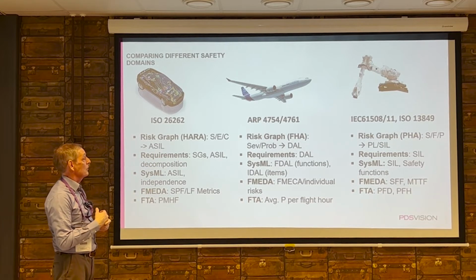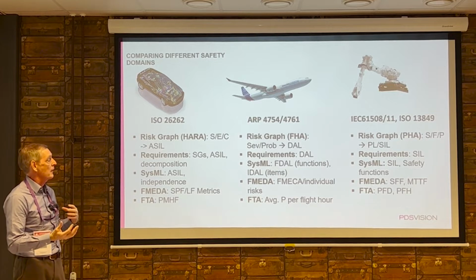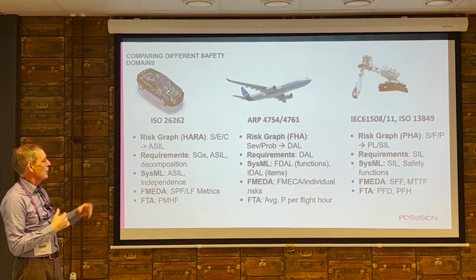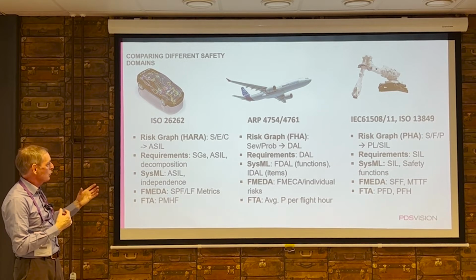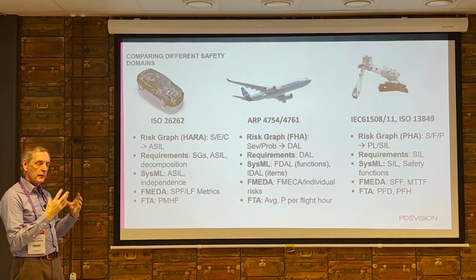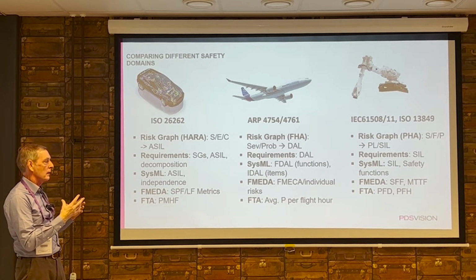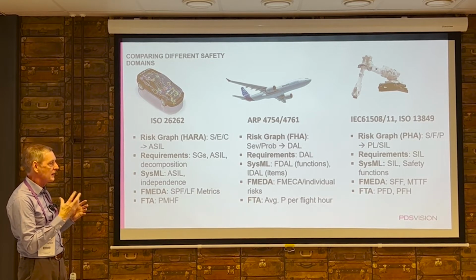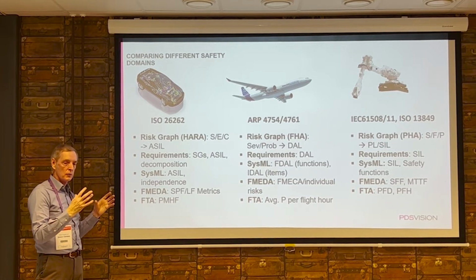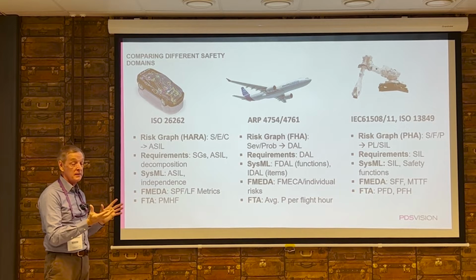Whereas in aerospace, it's called the severity slash probability, or DAL, as it's known. So these are all the various tools and methods that are used within functional safety. They are all used slightly differently and using different kinds of data sets. But in essence, they follow a common approach, all driven by effectively 61508.